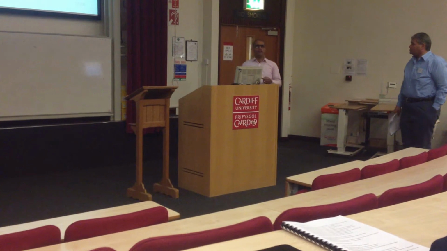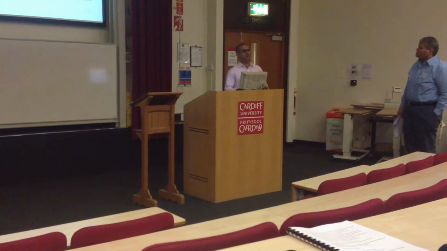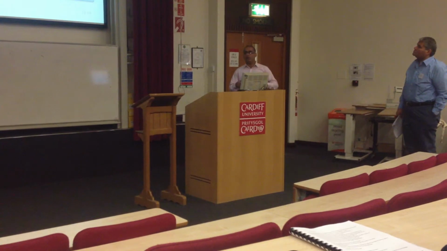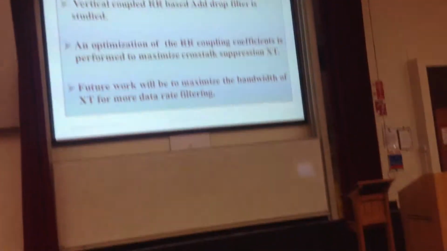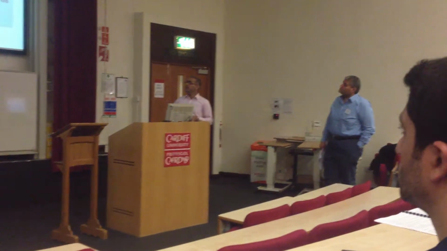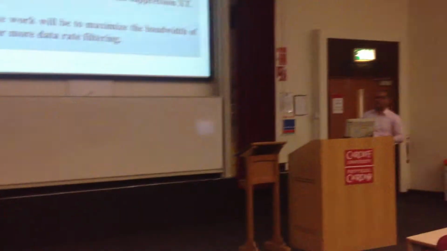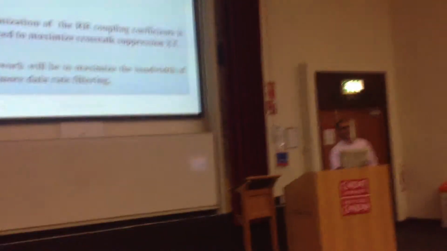It was shown that the range between 20 and 25 is enough to ensure signal integrity at the receiver side. So our objective for future work is to optimize the dimensions of the ring resonator to increase the bandwidth over which the crosstalk separation stays in that range between 20 and 25 dB, to ensure more bandwidth for high data rate filtering to fulfill the requirements of future optical communication.